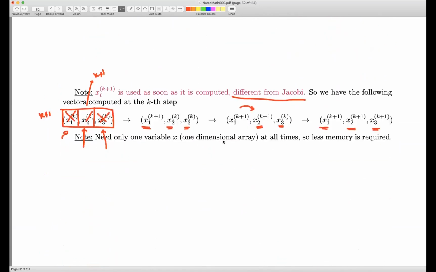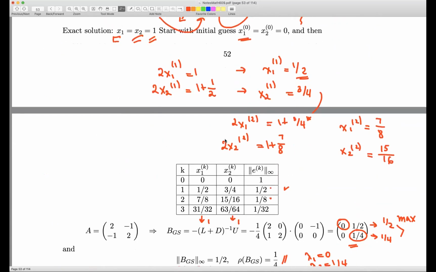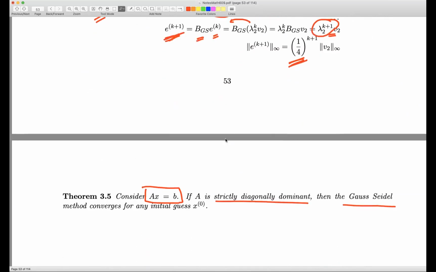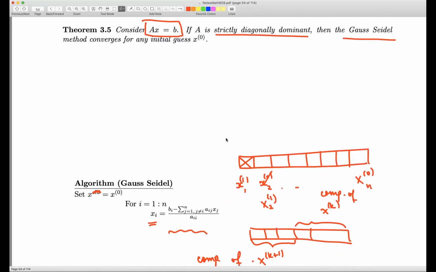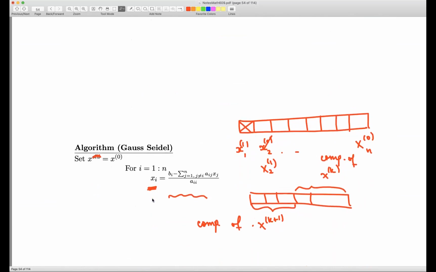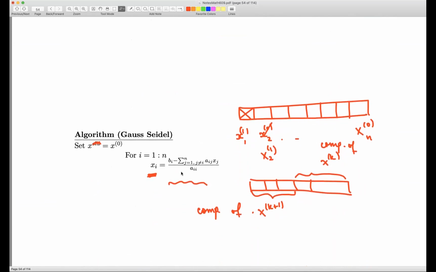So indeed, if you look carefully, once xi is computed, it overrides the old xi, and this will be the Gauss-Seidel algorithm.